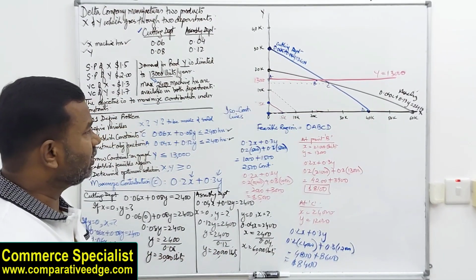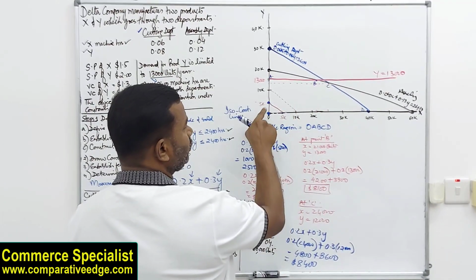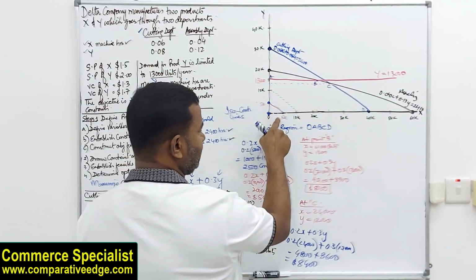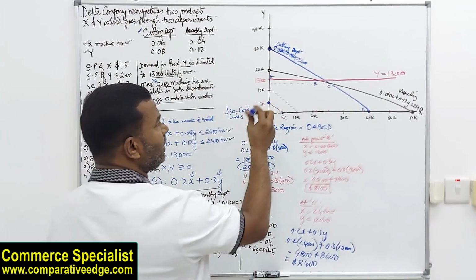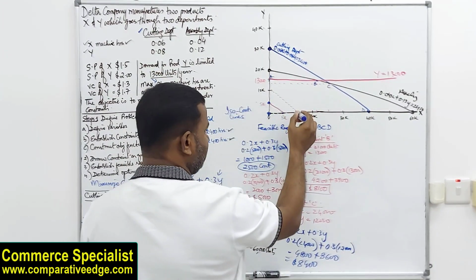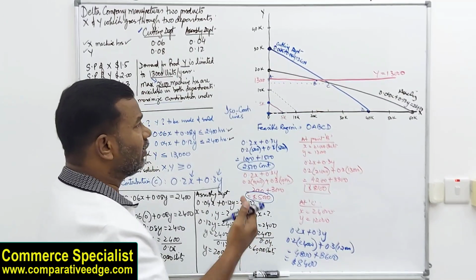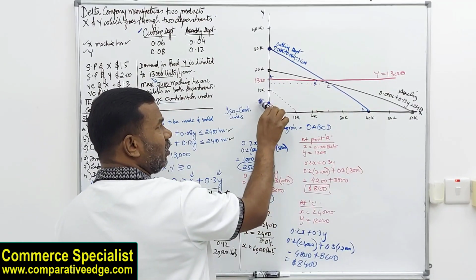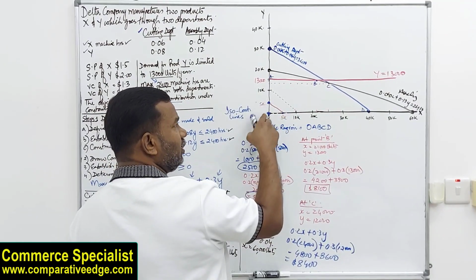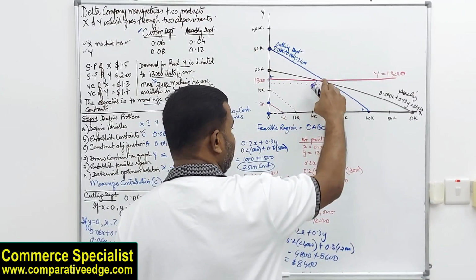Now if you guys notice, when I assumed 5,000 units of Y and X, I was getting a contribution of 2,500. When I assumed 10,000 of Y and 10,000 of X, I was getting a contribution of this. Obviously we don't have time to do trial and error for different combinations. The idea is this iso-contribution line has to move away from the origin till it touches this line.